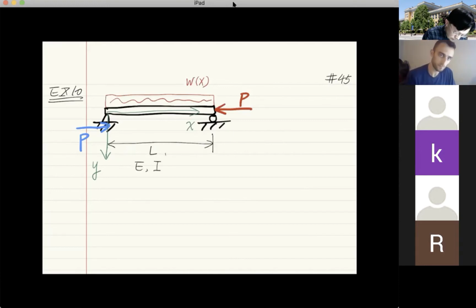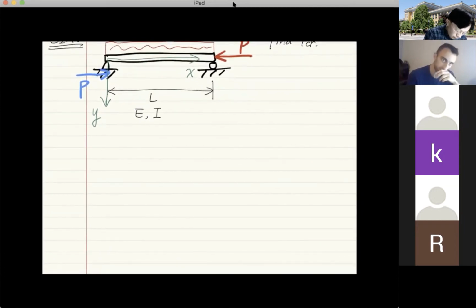And the column still has its own EI. What's our objective? Our objective is to find P_cr, just like before.